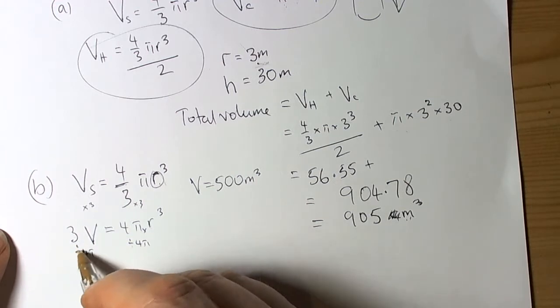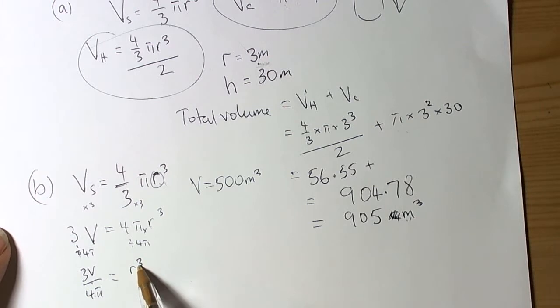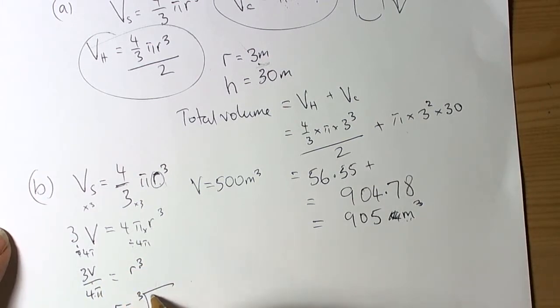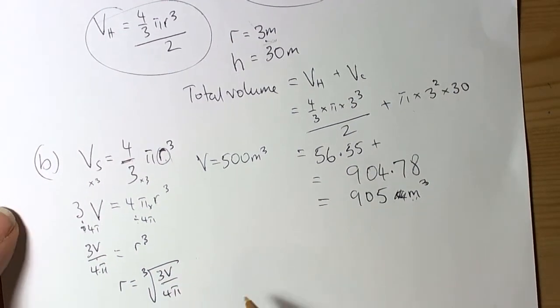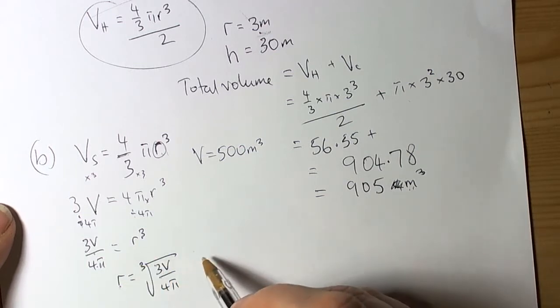So we end up with 3V over 4 pi is equal to r cubed, and then we recognise the opposite of cubing is cube rooting. So r is equal to the cube root of 3V over 4 pi. That's r made the subject, so we've rearranged appropriately.